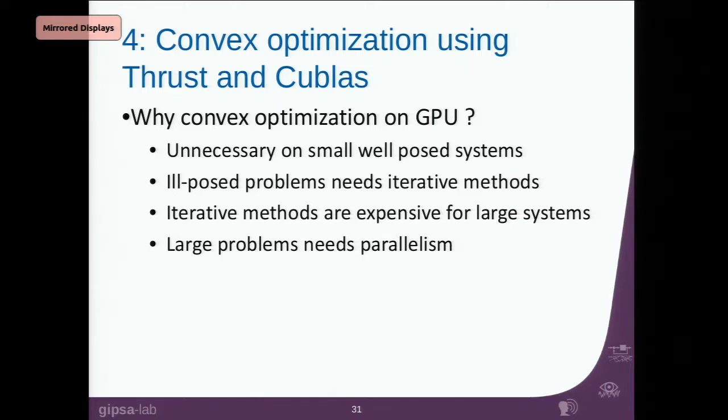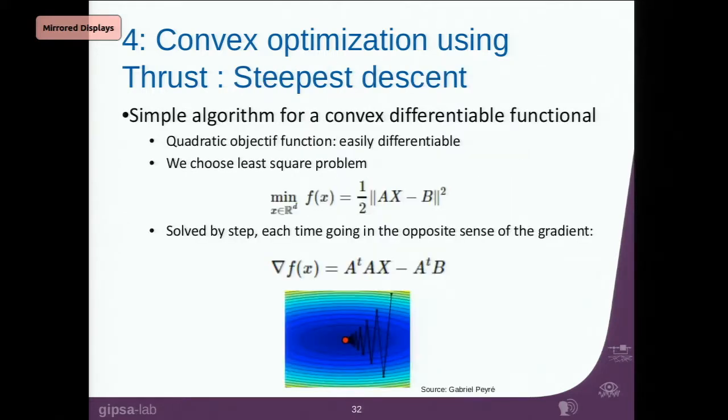This talk was initially mainly for people who use C++ but have not a lot of time to invest in learning CUDA. So if you have a lot of iterations, of course, it's interesting to have a short time per iteration, which is sometimes the case where the problems are ill-posed and you have to use iterative methods. And of course, it's interesting if the problems are very large.